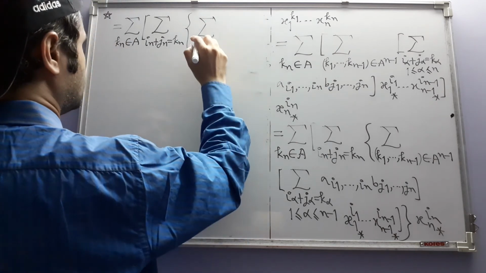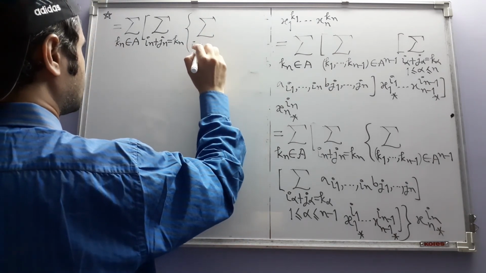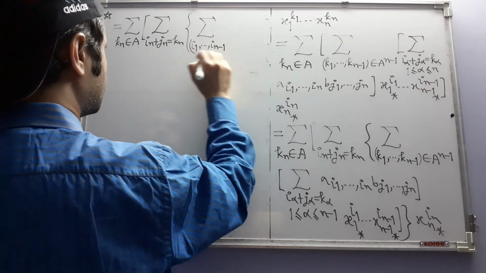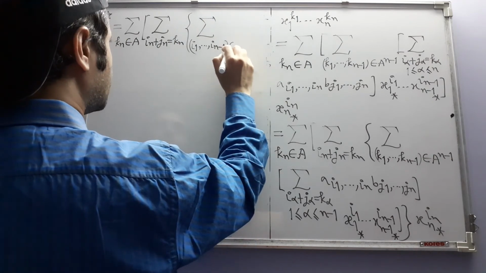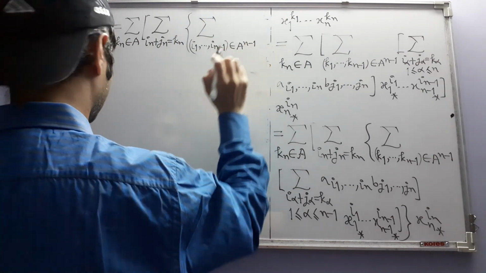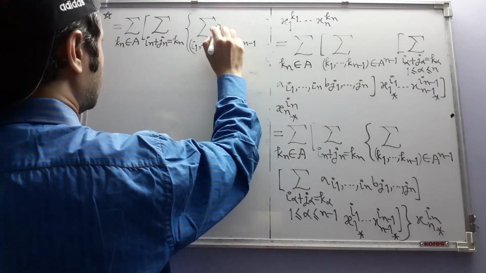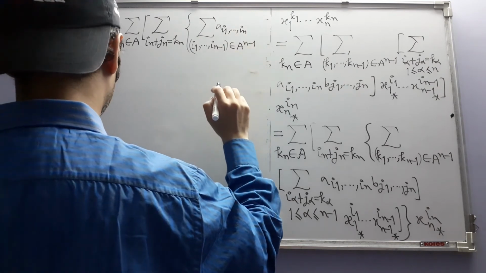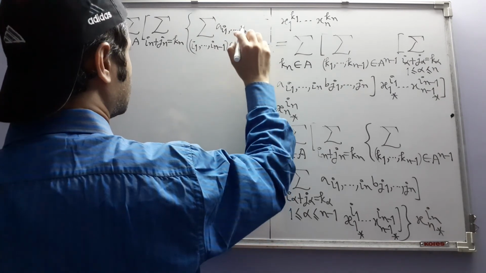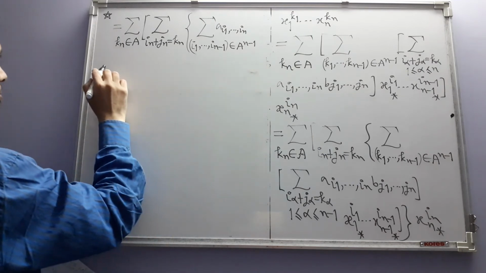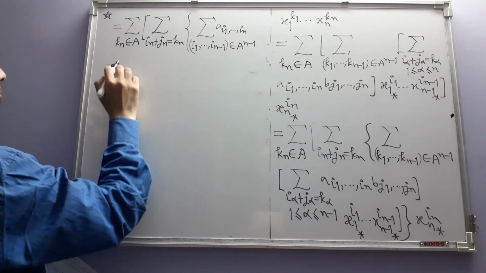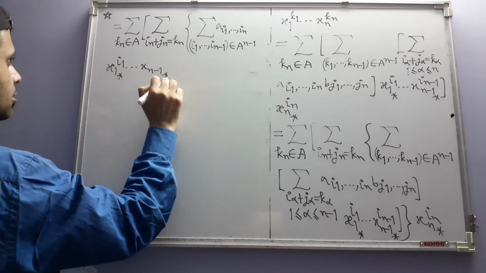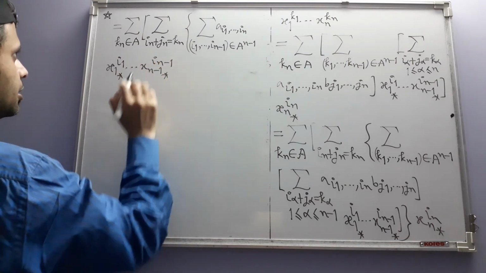Summation. I think at this point it's better to copy, because otherwise things are already going out of my hand. Let me first write and then we will try to make sense of it. In x1 star to the power I1 up to xn minus 1 star to the power In minus 1.